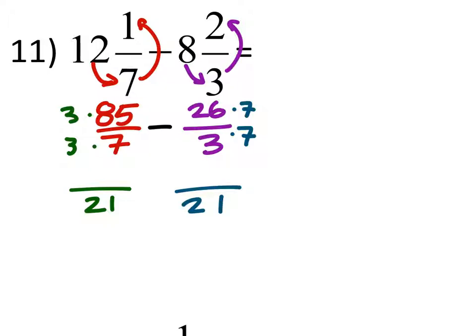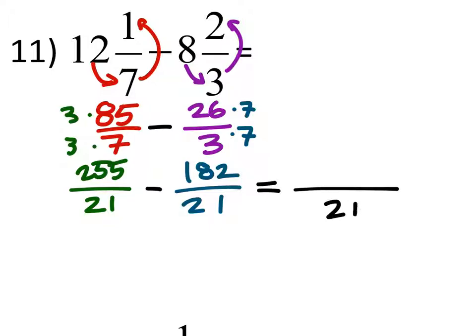So 3 times 85, 255. And 26 times 7, 182. All right, now that we got common denominators, let's go ahead and do the subtraction. 255 minus 182, which in 21sts leaves us with 73.